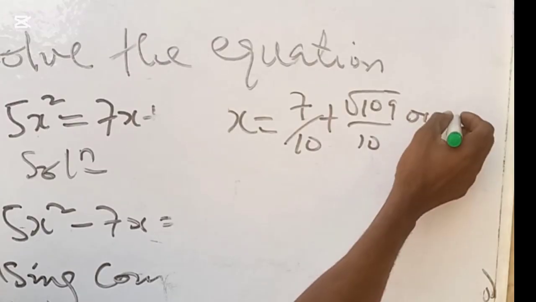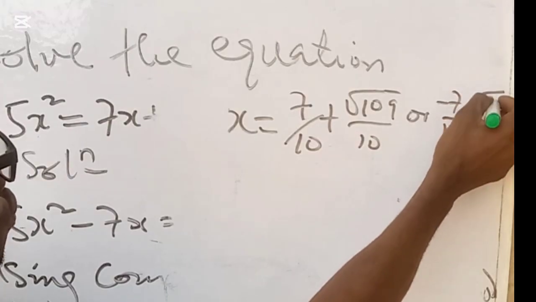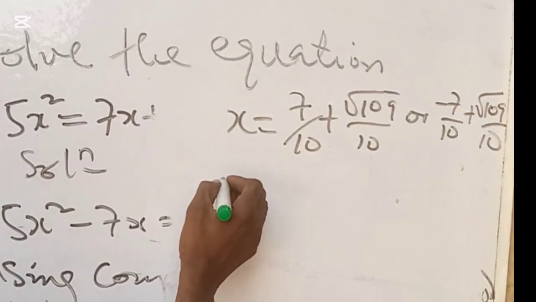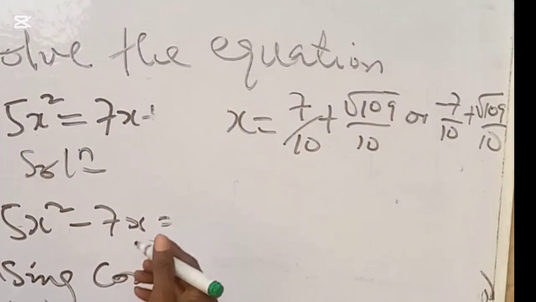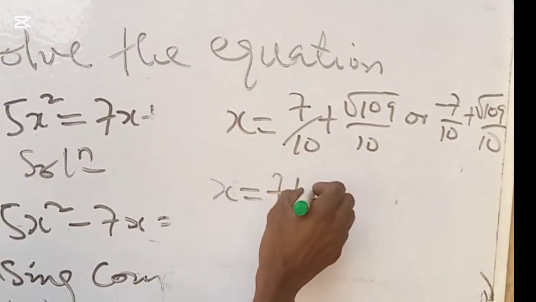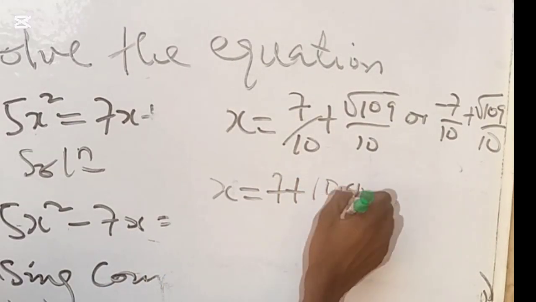The values of x must be two. So what's the root of 109? The root is 10.4.